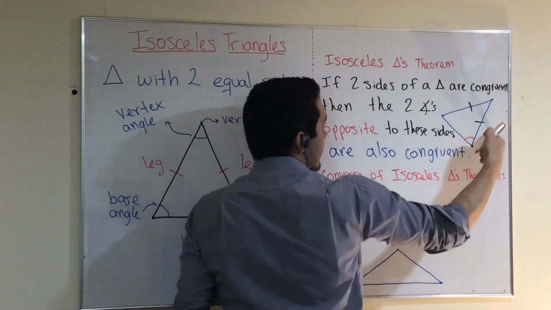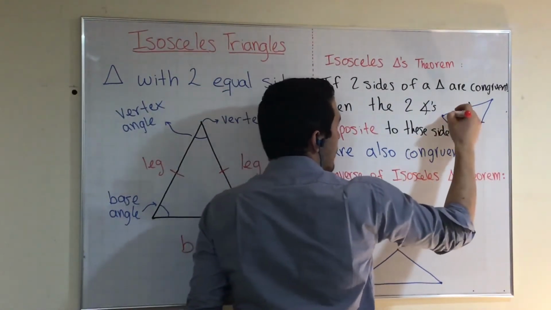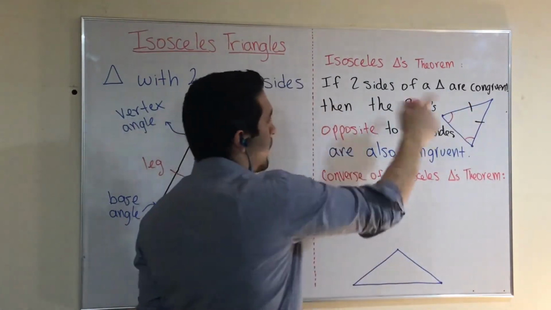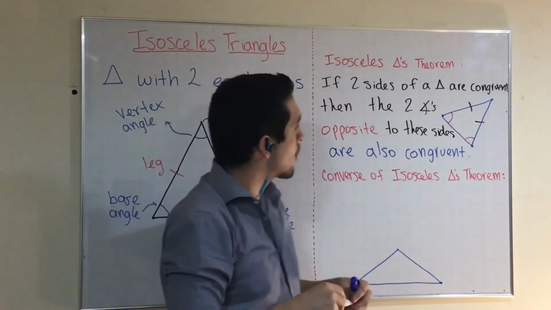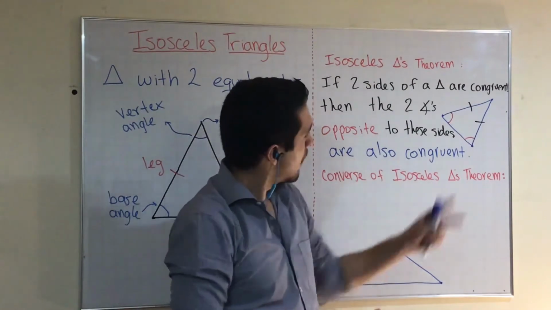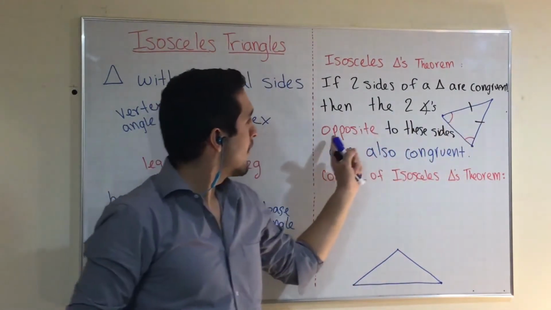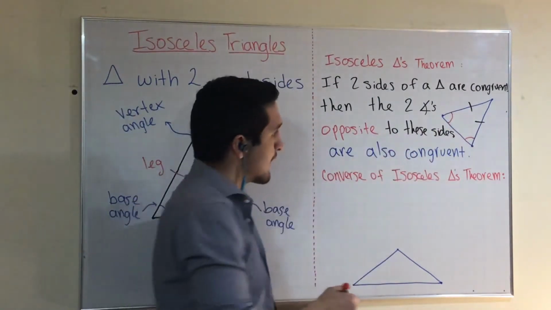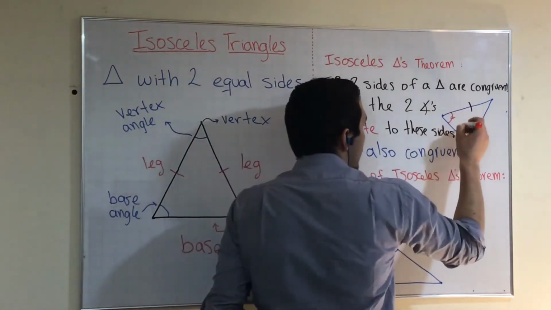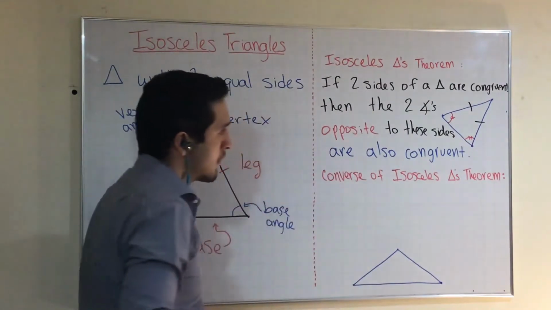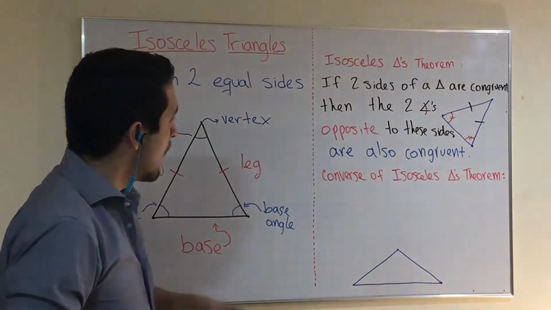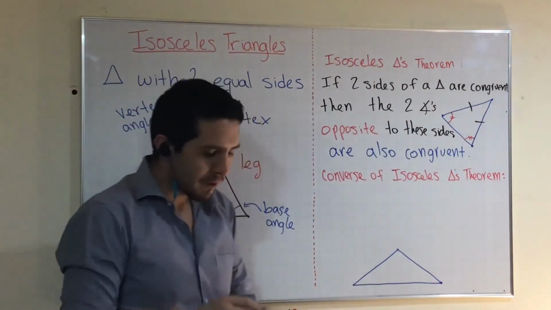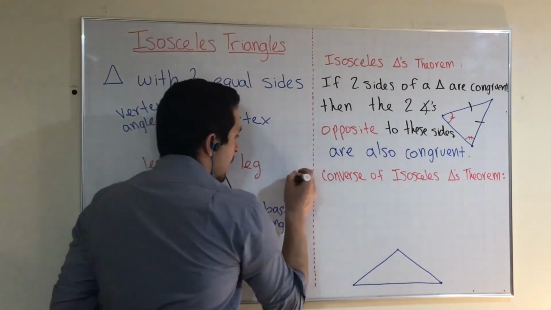And this side has an opposite angle, which is this one over here. So if two sides of a triangle are congruent, these two, then the two angles opposite to these sides are also congruent, saying that these two angles are also congruent.